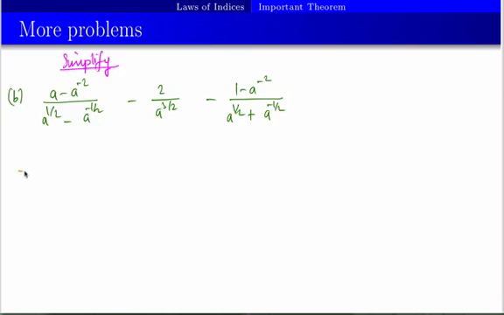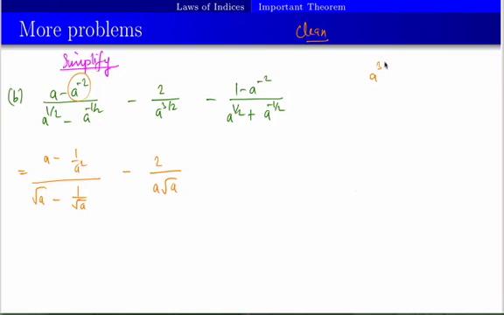So the solution goes like, again I try to keep the solution very clean. Keep a clean solution. So let me show you again what is a clean solution. A raised to minus 2 will become 1 by a square upon square root of a minus 1 upon square root of a, minus 2 upon a square root of a.